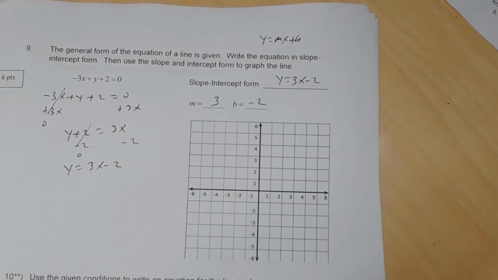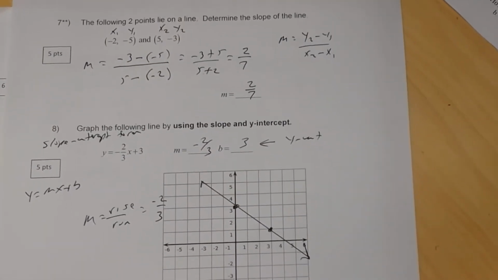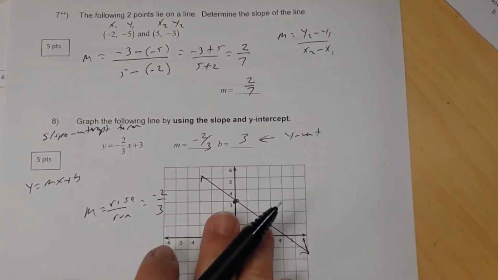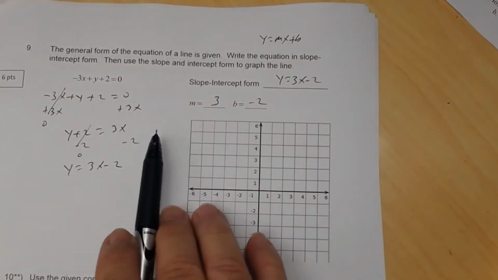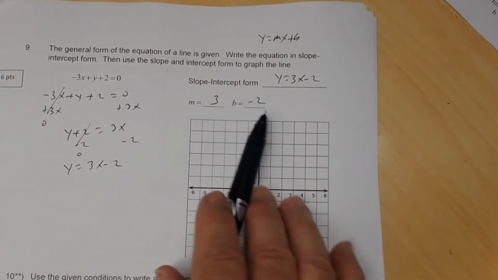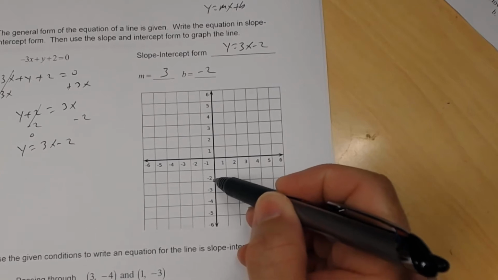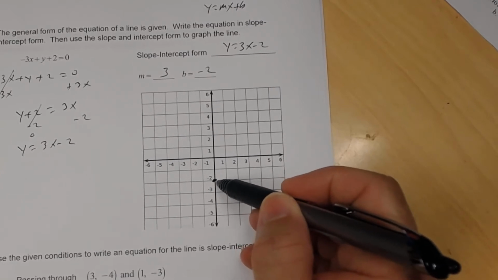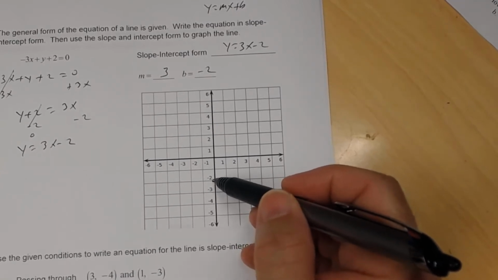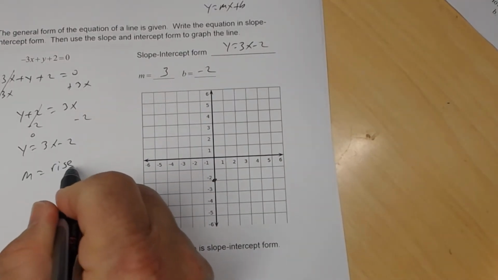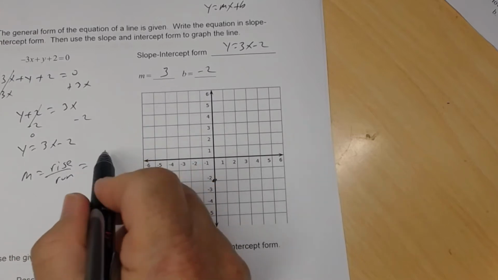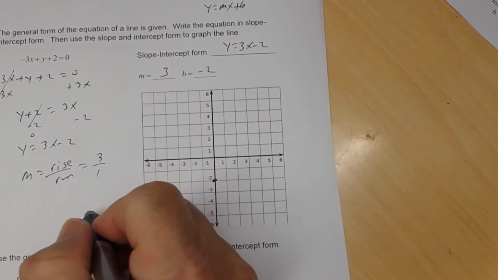And then you're going to graph it just like you graphed this one. You can use that same information. Remember, to graph a line I need 2 points. I know the y-intercept is negative 2, so I'm going to put a dot here. And then the slope, remember, is rise over run. The slope here is 3, which is the same thing as 3 over 1.